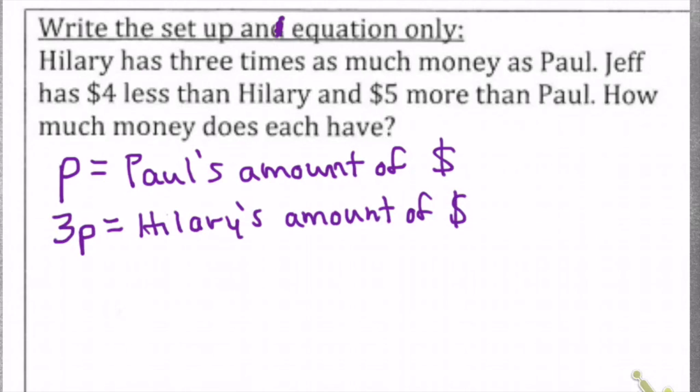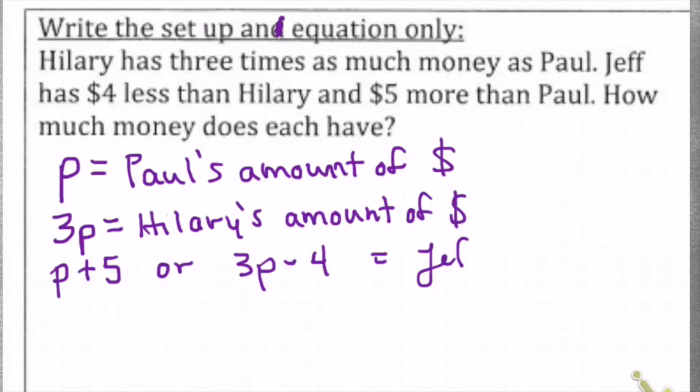And Jeff has 4 less than Hillary and 5 more than Paul. So we could define Jeff's money as P plus 5, or we could define Jeff's as 4 less than Hillary. So we could say 3P minus 4. And that's Jeff's amount.